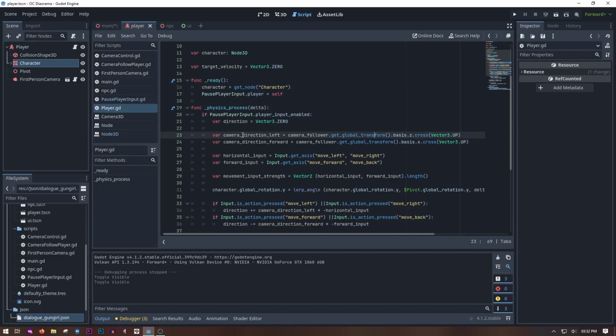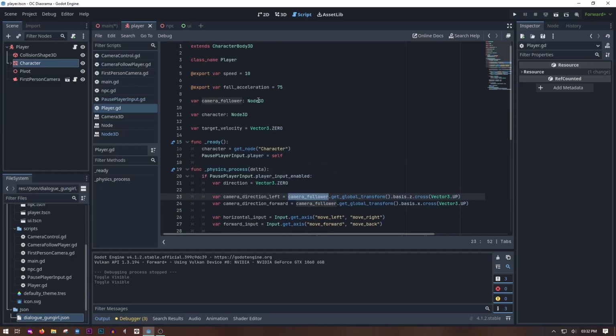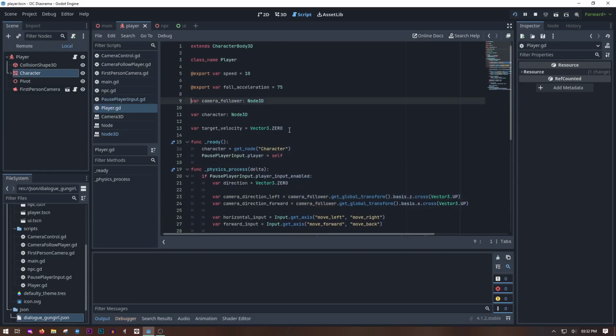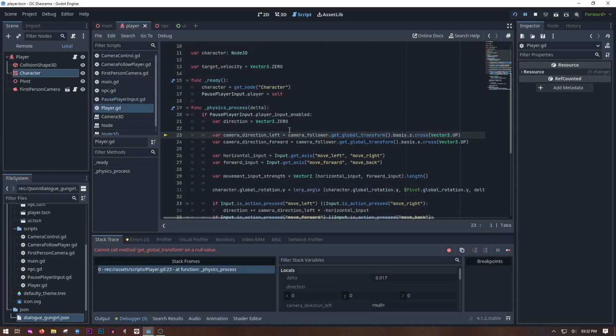Don't get it. So we're defining this that we use later as the camera follower, which is a node 3D that is not... Maybe I do need to export it. Let's see what happens now that I've not made an export. Yeah, it's messing up.